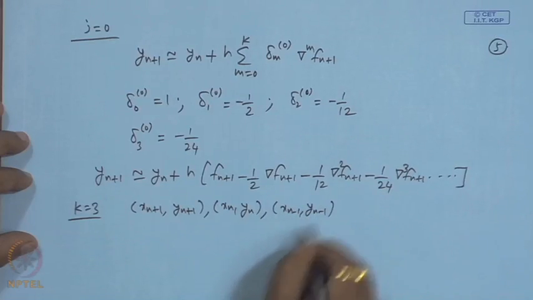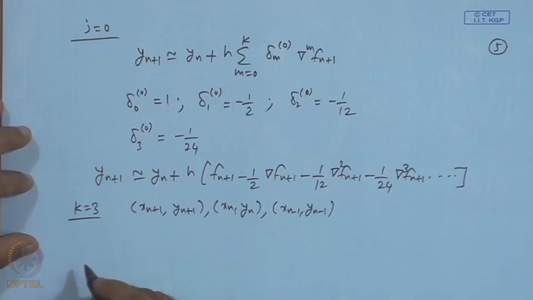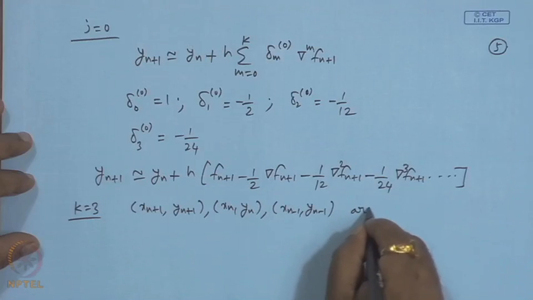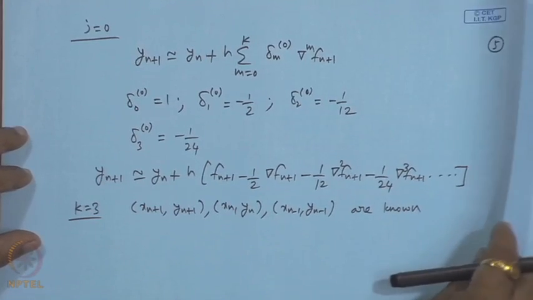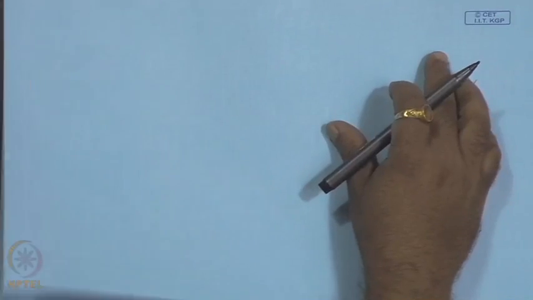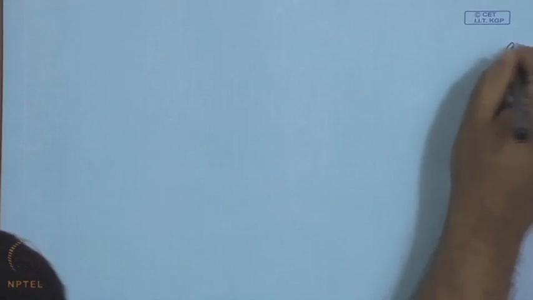So, we get a quadratic. Suppose these are known, then we get the polynomial as follows.